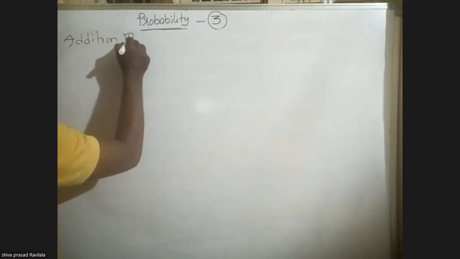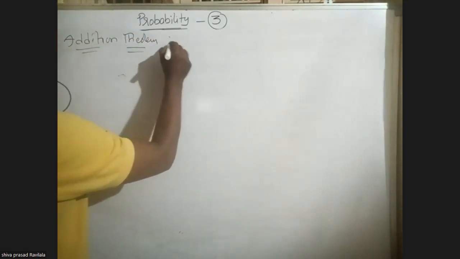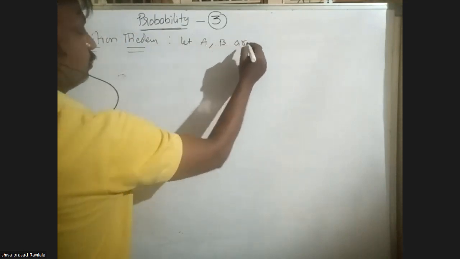Addition theorem. Let capital A, B be 2 events.